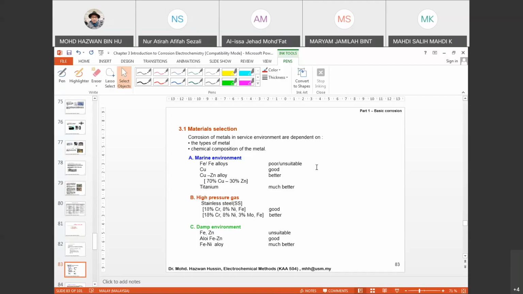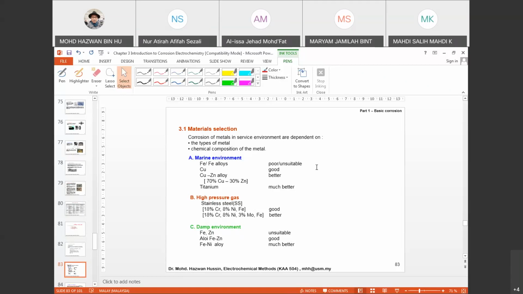And if you use more corrosion resistant materials like titanium, it is even better. That is why you see a lot of products these days, like bicycles and badminton rackets, using titanium, because titanium is not only corrosion resistant, but also very light in weight.